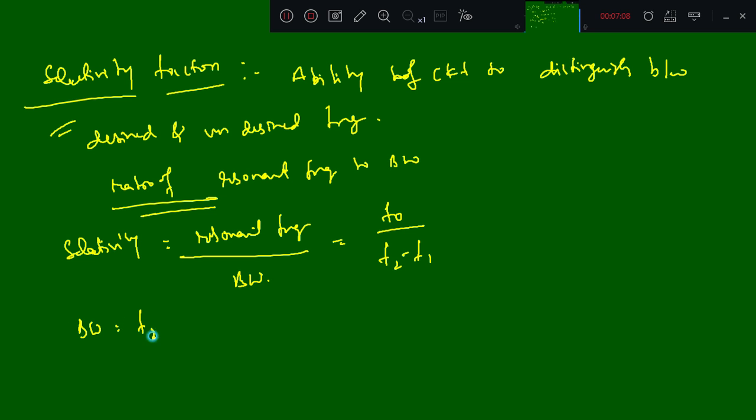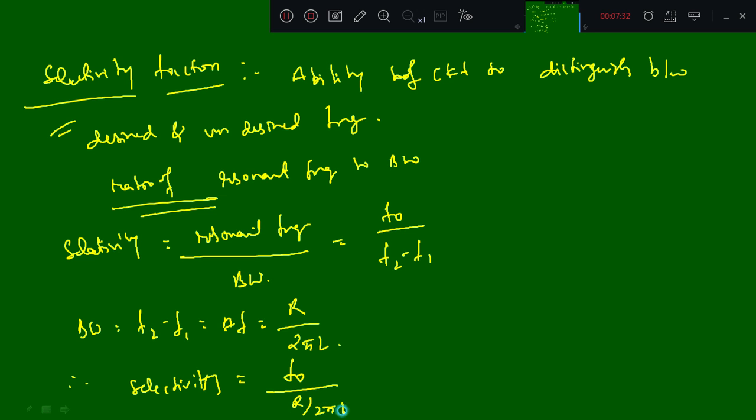Bandwidth is nothing but f2 minus f1, that is delta f, and we have derived this as R divided by 2 pi L. So if I substitute, selectivity is f0 divided by R over 2 pi L, which is 2 pi f0 L divided by R, that is omega naught L divided by R. This is nothing but the quality factor Q naught.